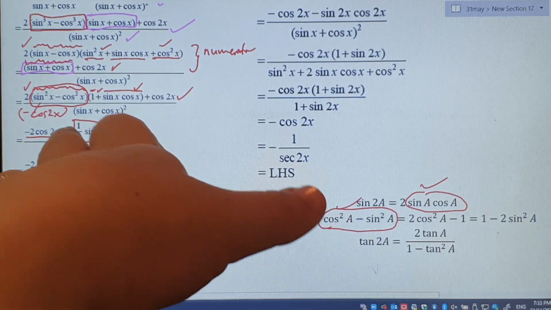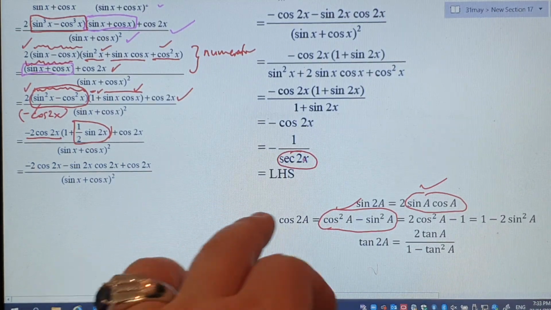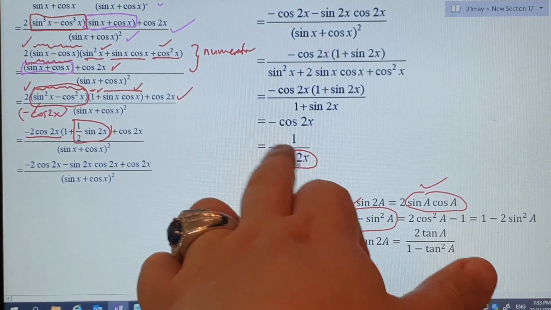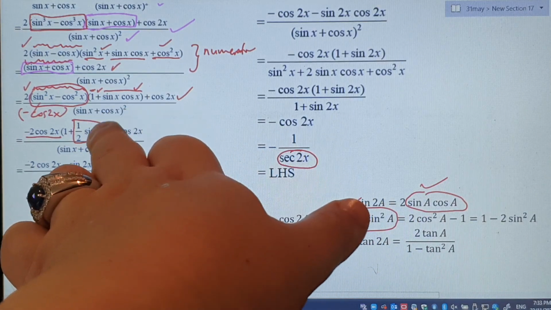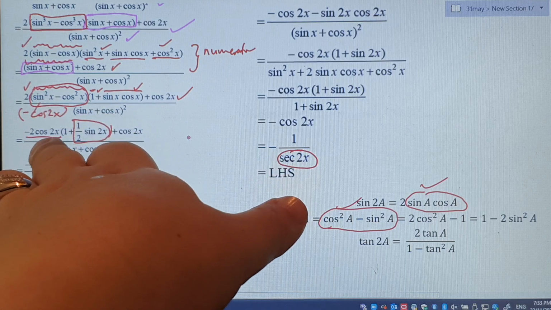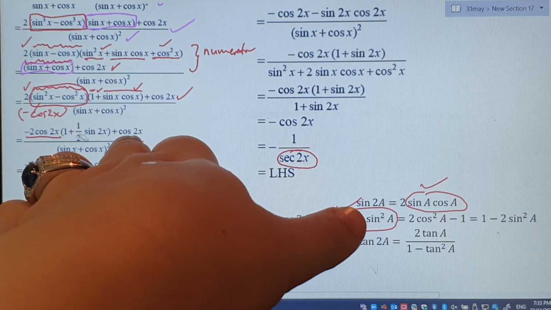Then you ask me, why you want to do this? Because ultimately we want the argument, which is the angle inside, to be 2x. That's why I'm changing all these to double angle. This is already double angle, so I leave it. Now, see what happens.